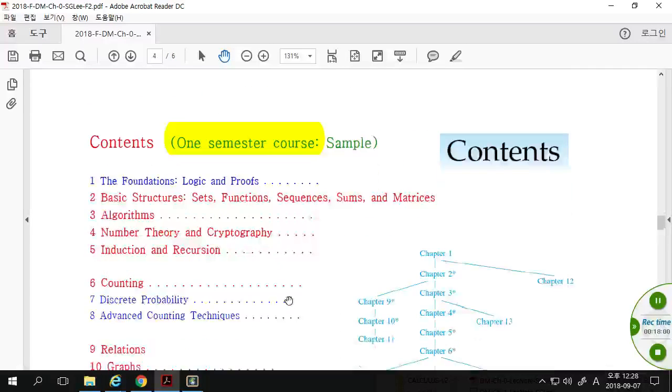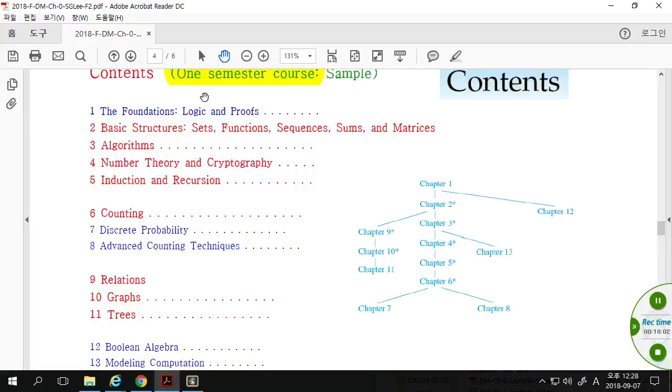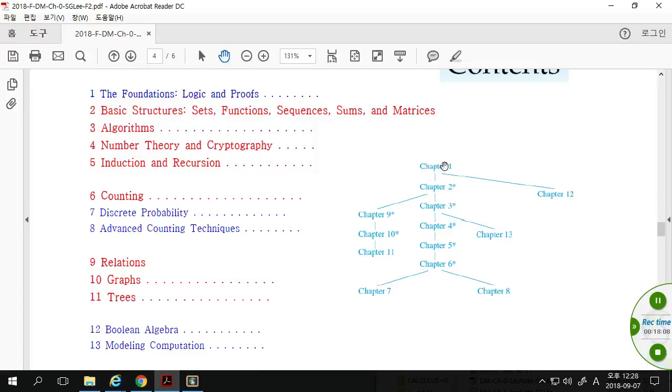The structure will be like this. In one semester course of discrete math with this textbook, here we will cover this. Chapter 1 is a review. So chapters 2, 3, 4, 5, 6, 7, 8, and 9. That's up to 9.